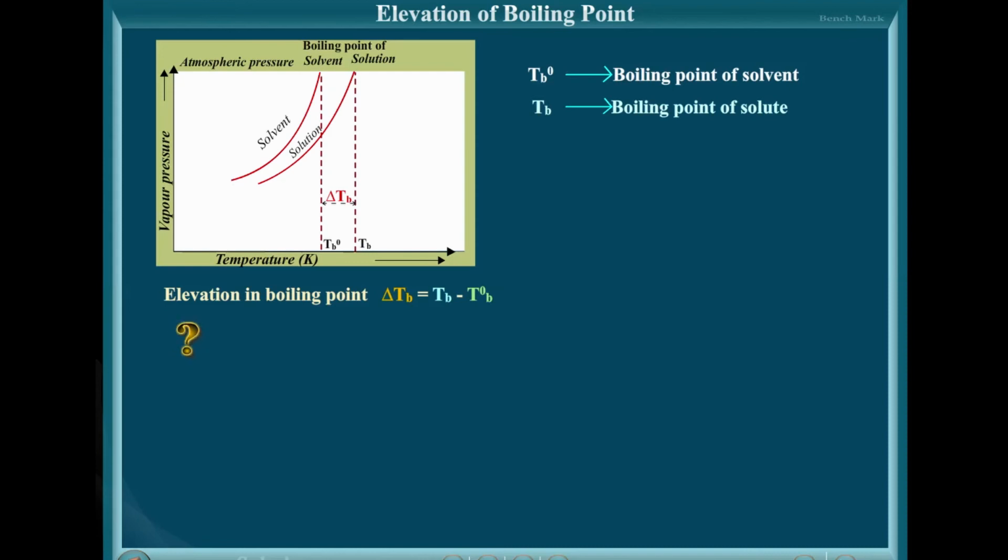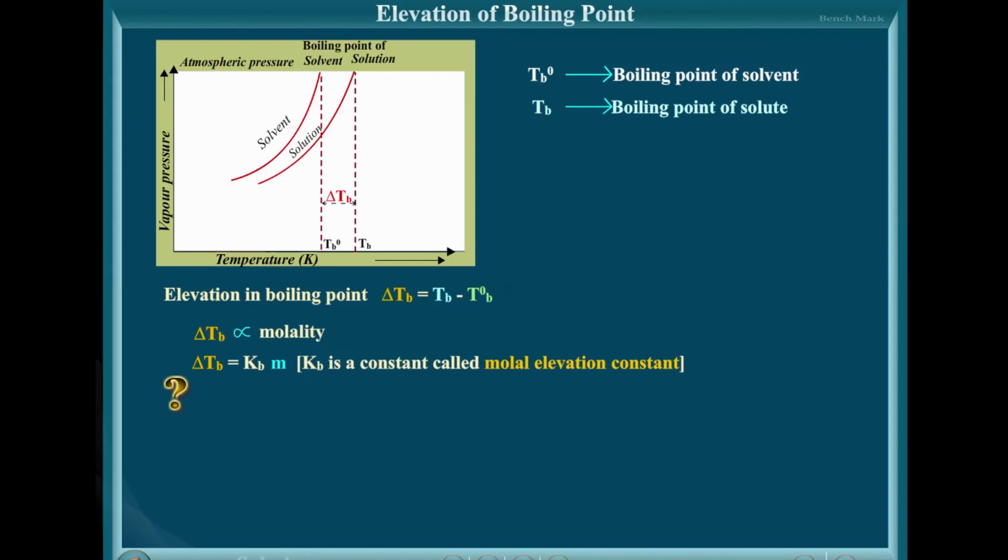So delta TB is equal to Kb into molality. The equation becomes delta TB is directly proportional to molality, or delta TB is equal to Kb into M, where Kb is a constant called the molal elevation constant.